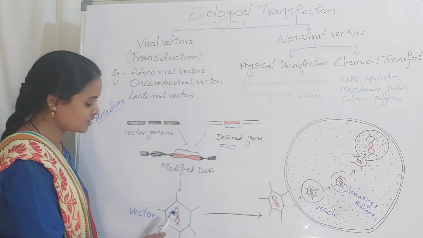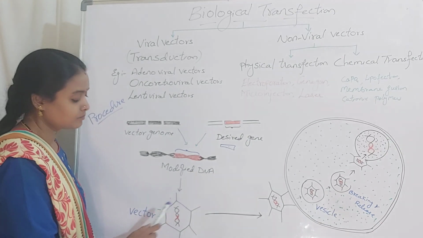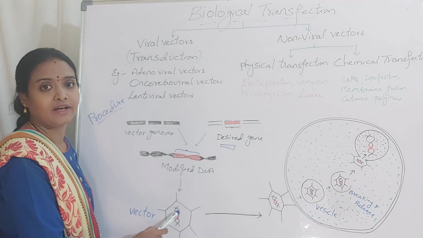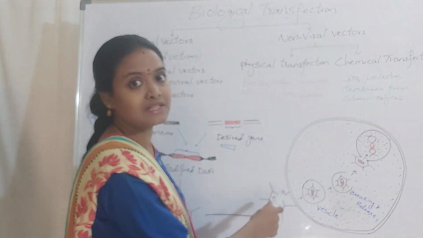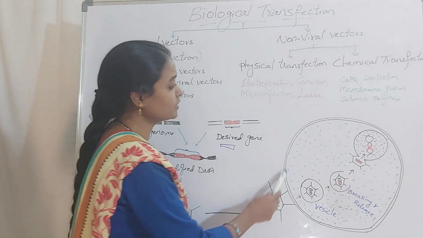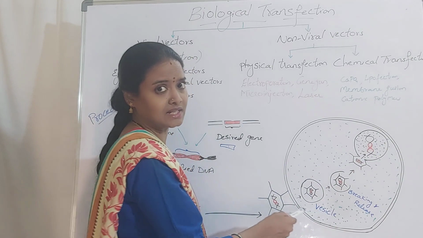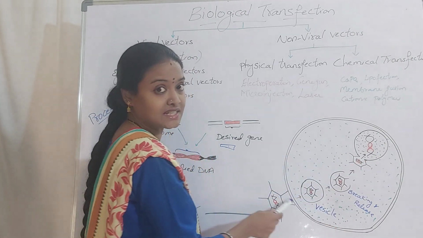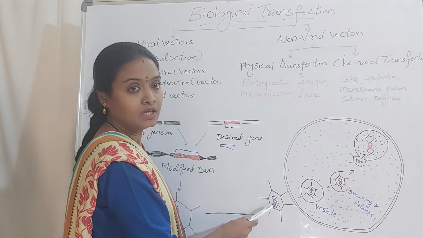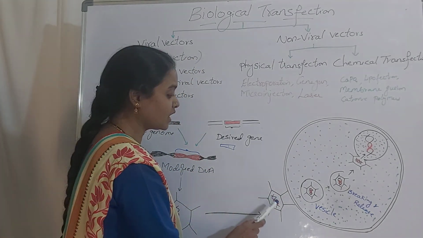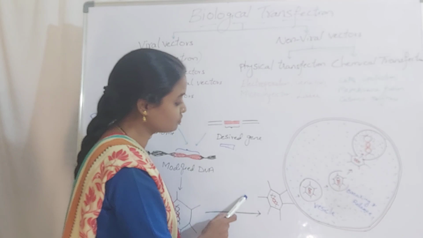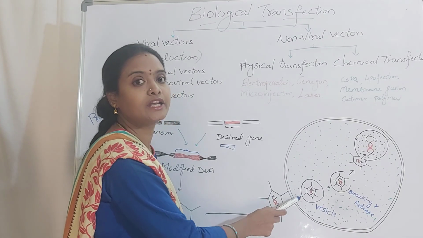Now the vectors, the viruses, are allowed to divide, right? Then they are added to the animal cell cultures. Here you can see a single cell. I have shown only a single cell and a single vector. Now this vector carrying the desired gene will attack the animal cell.